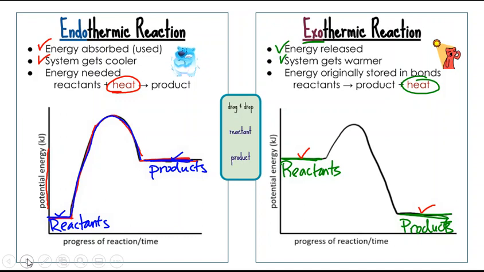That amount of energy difference between them is what's being released from the system to the surroundings. So if you see the reactant line is higher than the products, then you know it's exothermic. If you see that the reactant line is lower than the products, you know it's endothermic. That's kind of what you need to be able to read from these graphs.